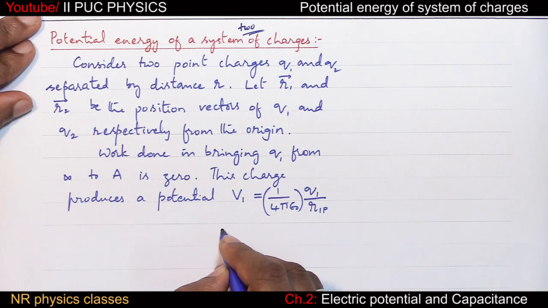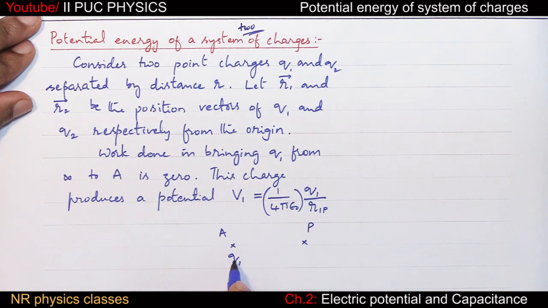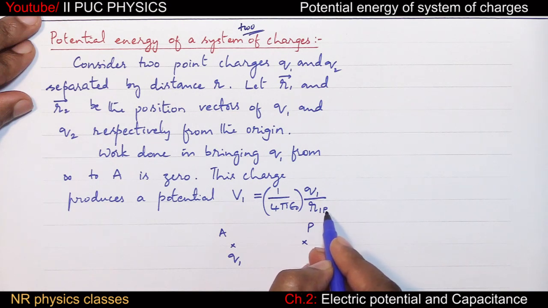If this is point A and this is Q1, then potential at this point P due to this charge Q1 is this. And what is R1P?